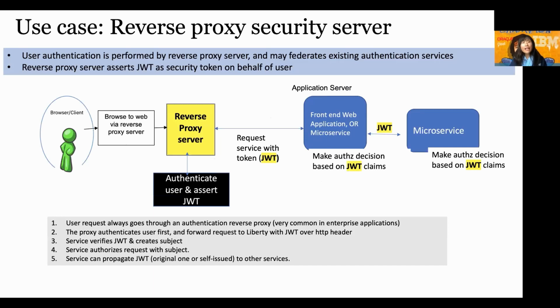The second one is that the client doesn't create a JWT, but delegates the creation to the reverse proxy server. After the user logs in, the reverse proxy server creates a JWT and passes it downstream to the other server.